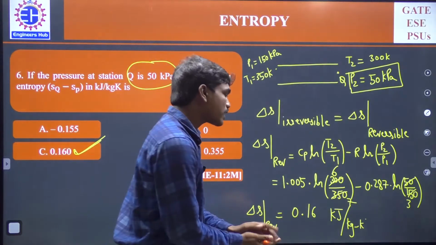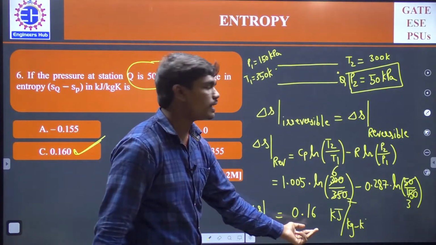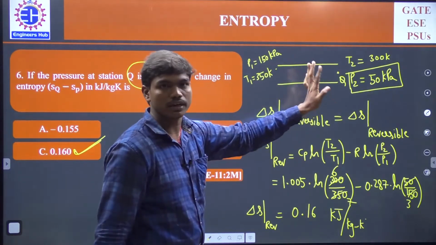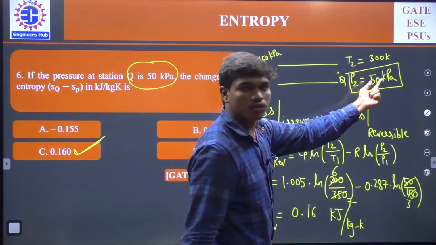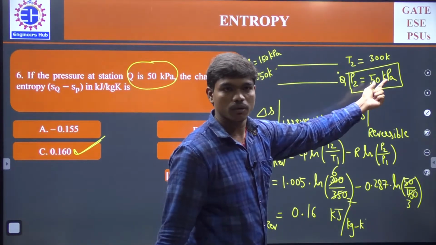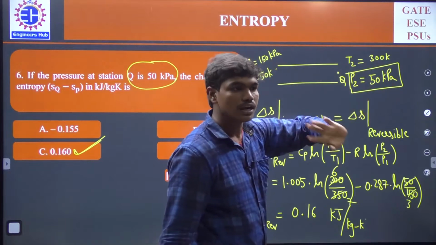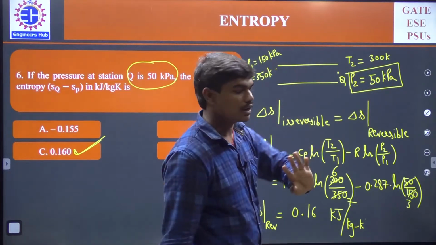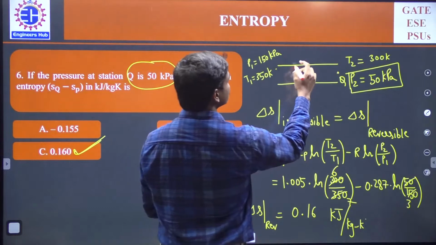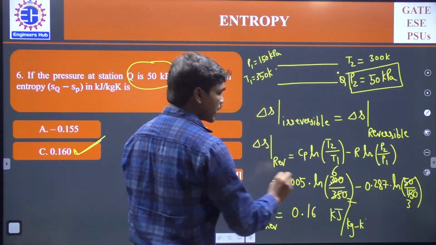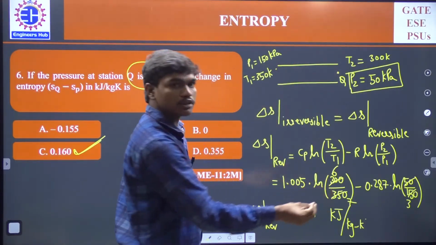Because of what factor is this entropy increasing? Can anyone tell me? If there is no heat interaction to outside or within the system, how is there some increase in entropy?